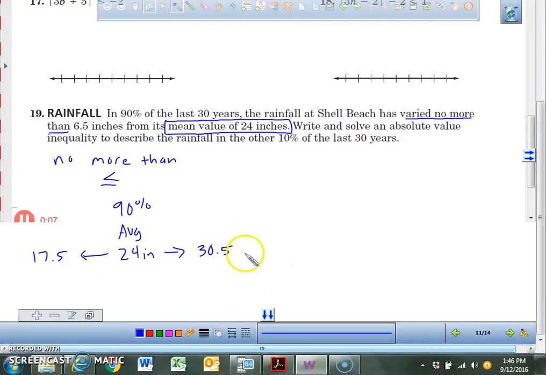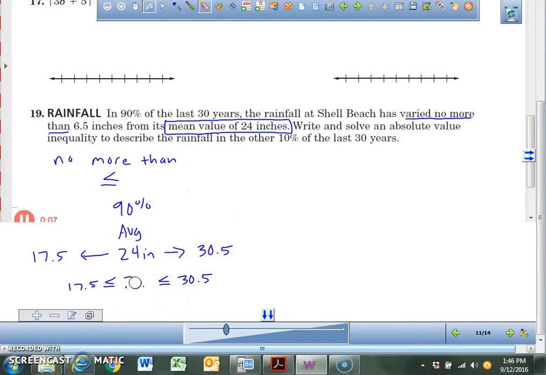So it could equal this, and it could equal that. If we wanted to write an inequality, we could put 24 is less than or equal to 30.5, but greater than or equal to 17.5. And you know what we also say?